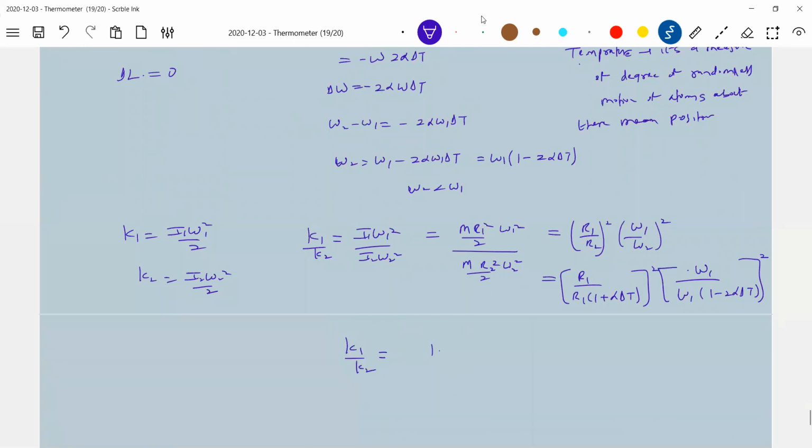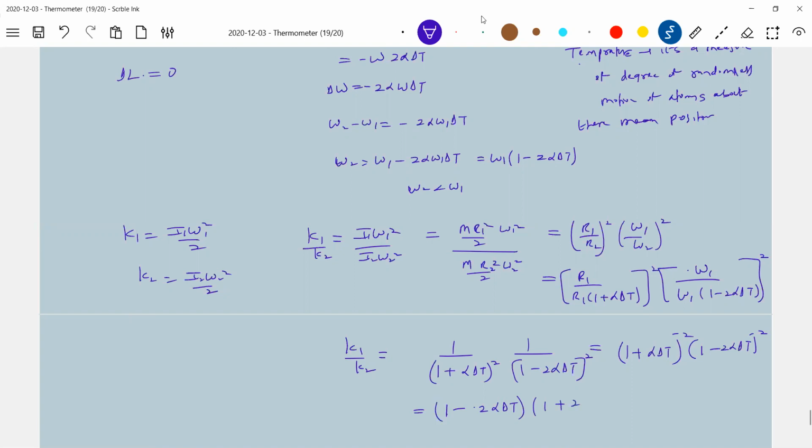This is 1 minus 2 alpha delta t. Higher order terms, let me neglect.